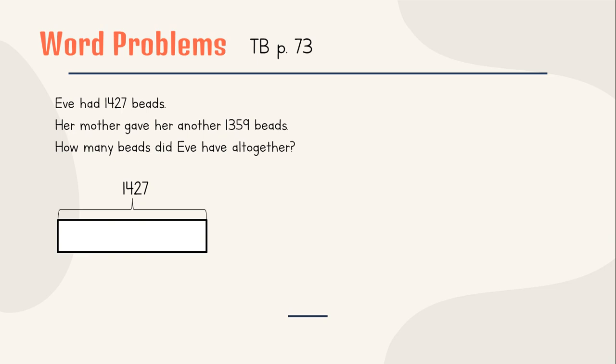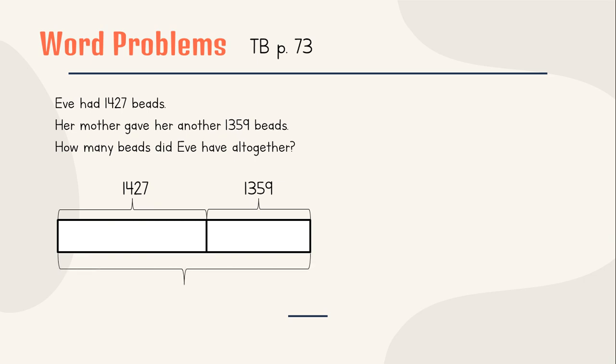Do we add the box or do we cut the box? Add the box because mother gave to Eve. How many? 1,359. So how many beads did Eve have altogether? It means all of it. What are we going to do? We have to do addition. If we see altogether, it means addition. So just add it as usual. 7 plus 9, 6.